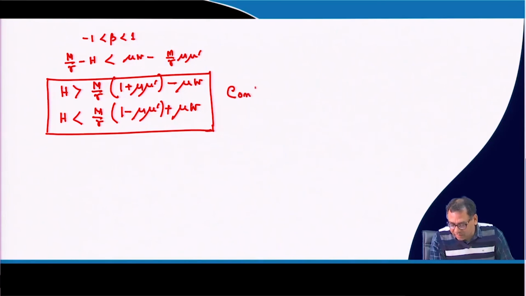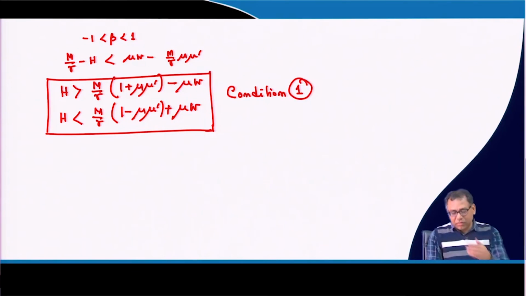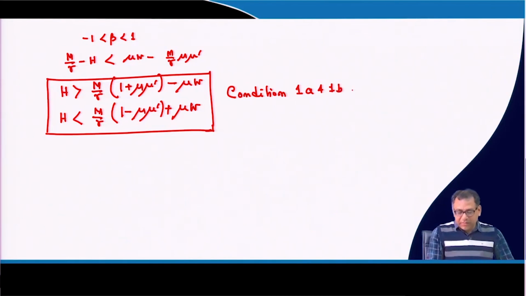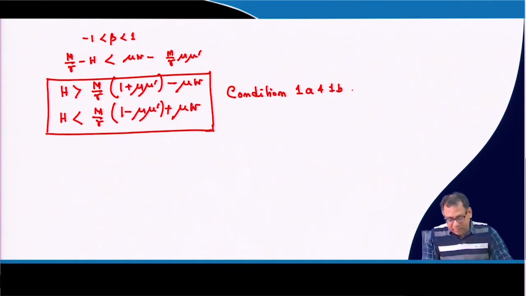So, this is our condition number 1, or there are two conditions, so I should write 1A and 1B. So, we have to satisfy this condition that H should be greater than m by r into 1 plus mu dash minus mu w, and less than m by r into 1 minus mu dash plus mu w.